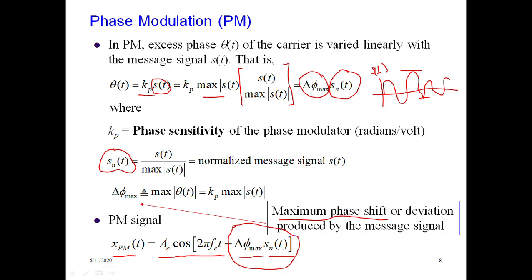The maximum phase deviation is how much phase you want to allocate for these changes. For example, the message signal maximum value is 10, and I want to allocate 10 phase difference for this 10 volt. The lowest value, of course, is for 0. In the middle we will quantify our message signal.